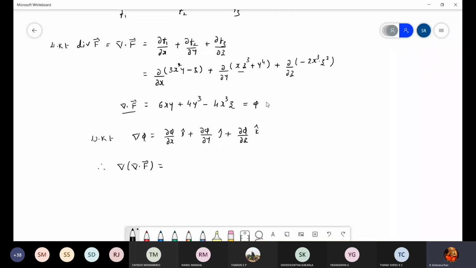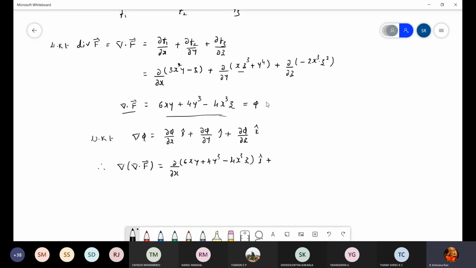dou by dou x of phi. Complete this equation by substituting phi equals 6xy plus 4y cube minus 4x cube z. Like the previous problem, you can differentiate directly, taking this as phi, but to understand easily I am substituting.